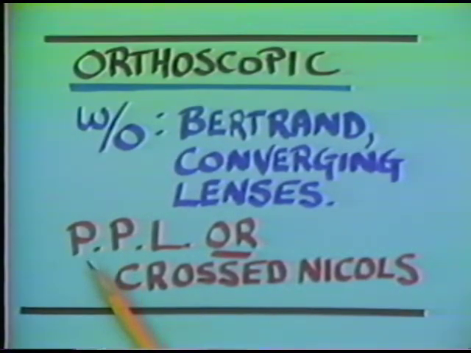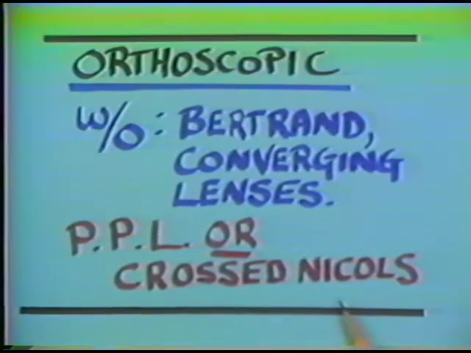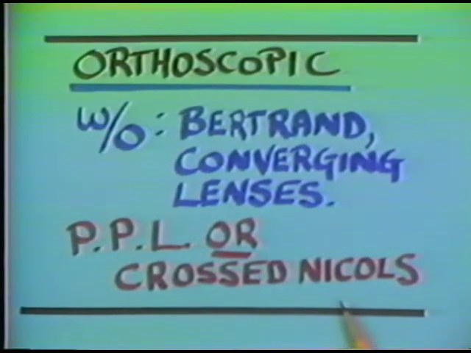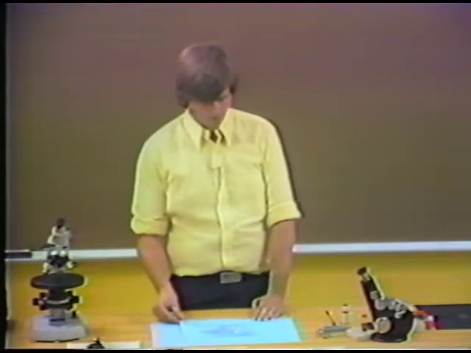We also operate either in plain polarized light, that means with just the lower polarizer in, or sometimes we operate with what are called crossed nicols. Crossed nicols are polarizers that are crossed, that is with both our east-west polarizer below the stage and our north-south polarizer above the stage. So let's set up the microscope now for orthoscopic view and take a look at what orthoscopic view looks like.